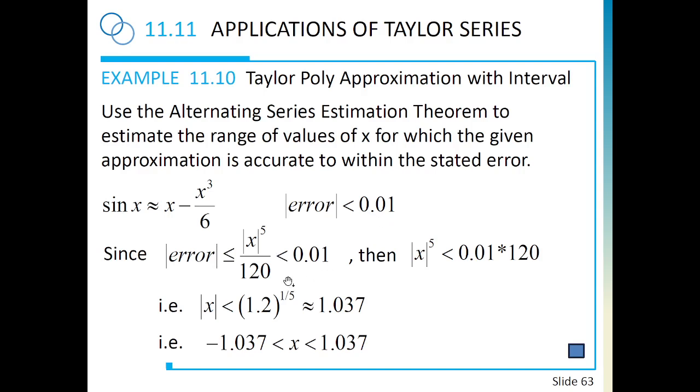So now we just do some algebra to find the interval for x. Since the error needs to be smaller than 0.01, we do some algebra, and our x needs to be smaller in absolute value than 1.037. So the interval for x is negative 1.037 to 1.037.